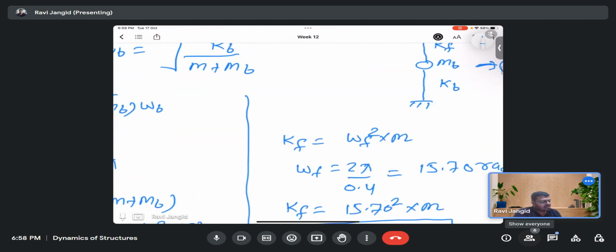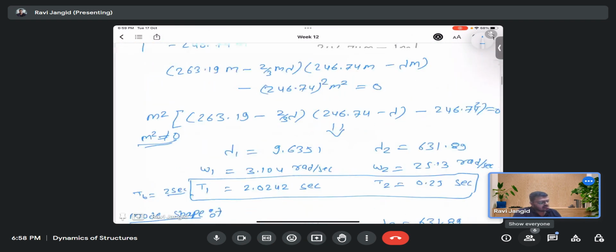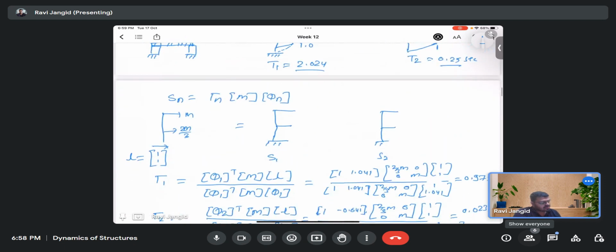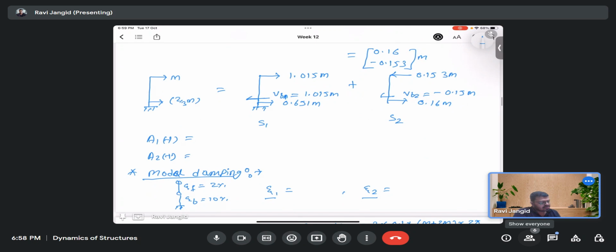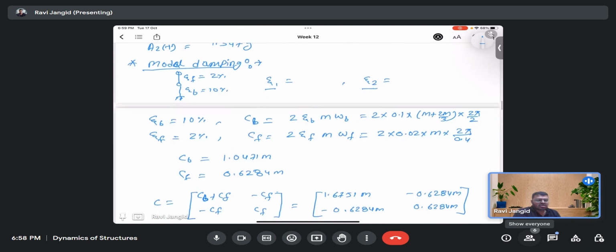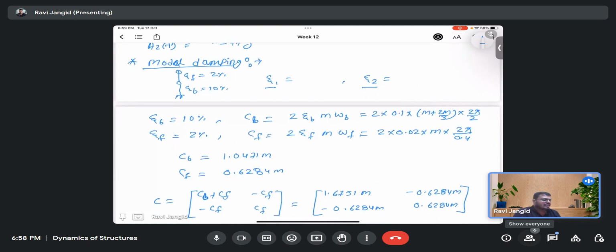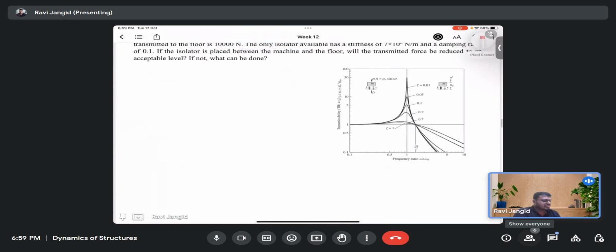Okay, so if I write it here, these are 0.359 G and 1.347 G. Now we can make a table to compare the base shear and the deformation.